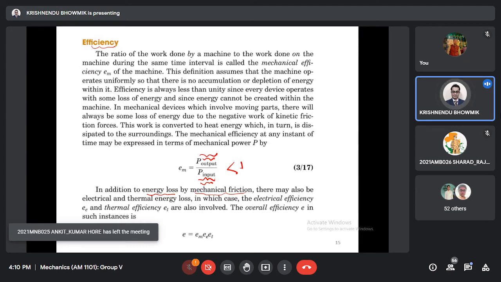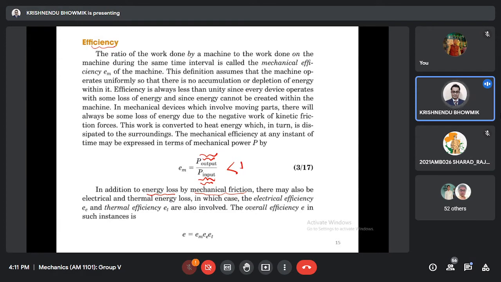Maybe in terms of electrical and thermal energy loss. So if we consider efficiency, EE is the electrical efficiency, and ET may be thermal efficiency. There could be many types of efficiency.